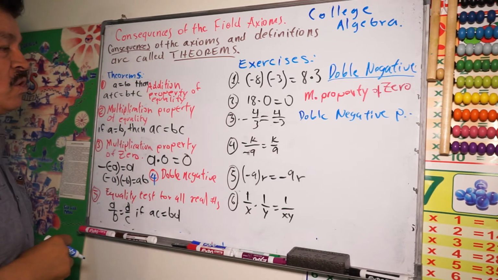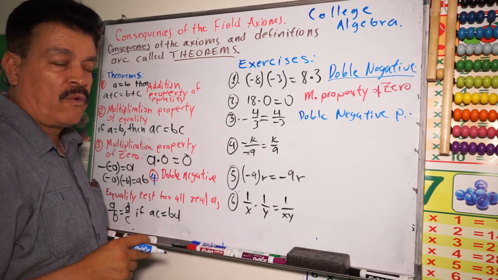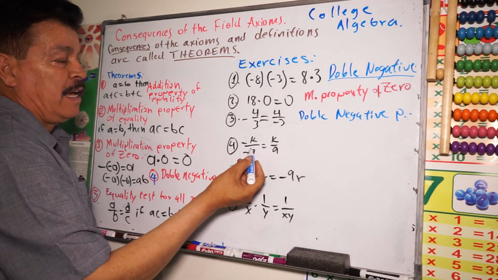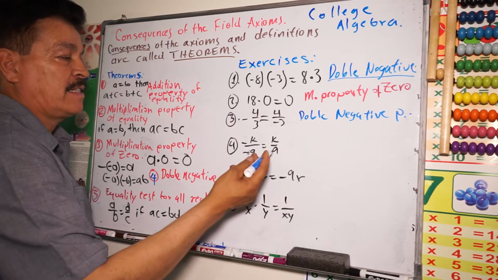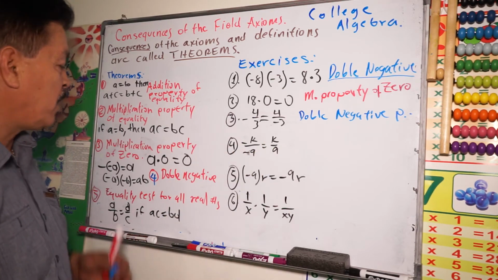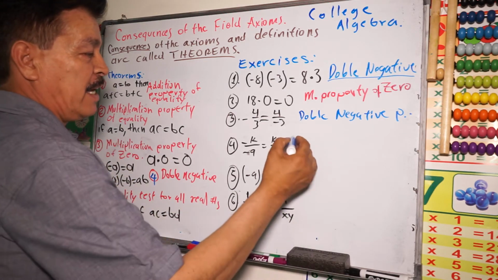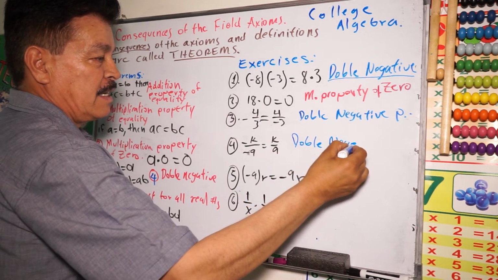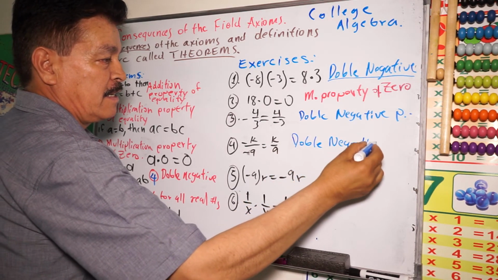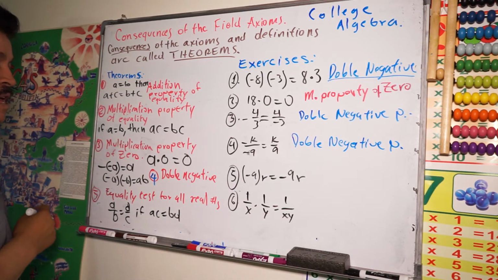We have one more, number 4. Negative k divided by negative 9 equals k over 9. Which property applies from this? Again you have the double negative property, or theorem number 4.